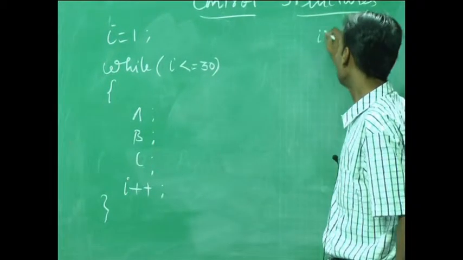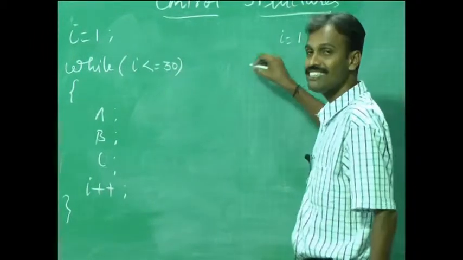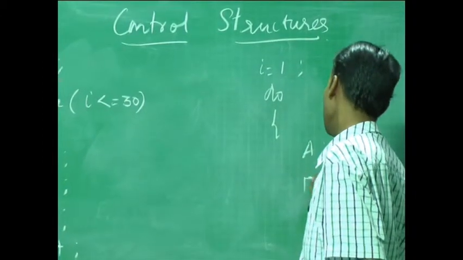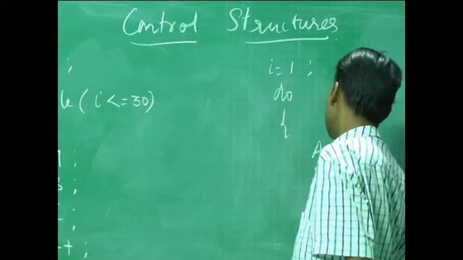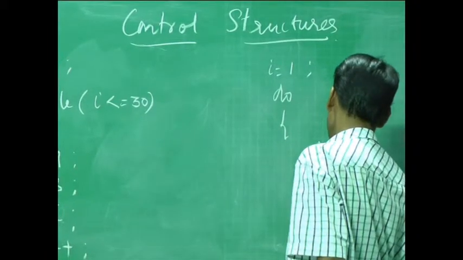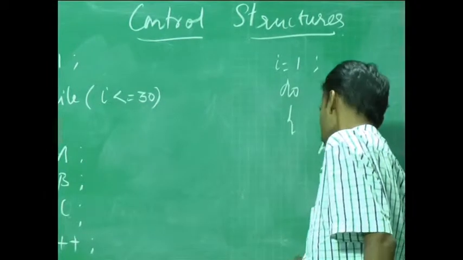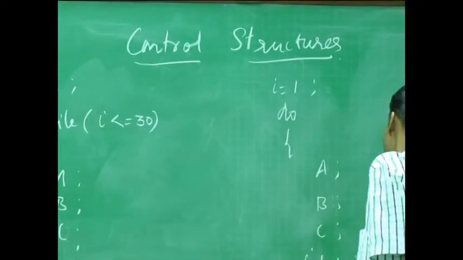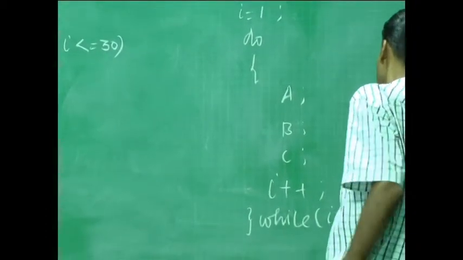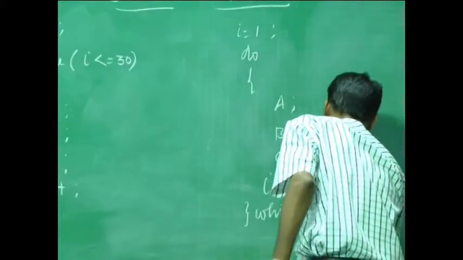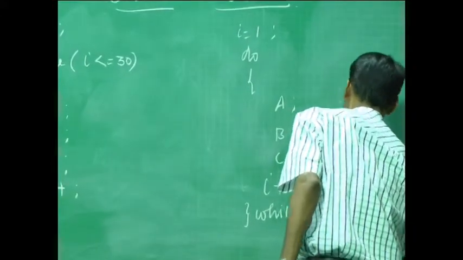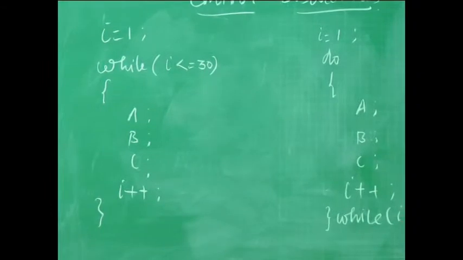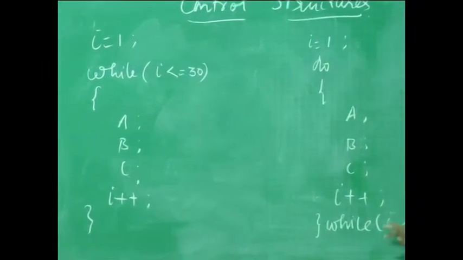A do while statement again has an initialization like I equals 1, where it starts with the do statement, where it does statements A, B and C, and it has some count for I, and then it checks for the condition like I less than or equal to some value. This is a typical example of a while statement and this is a small do while statement.